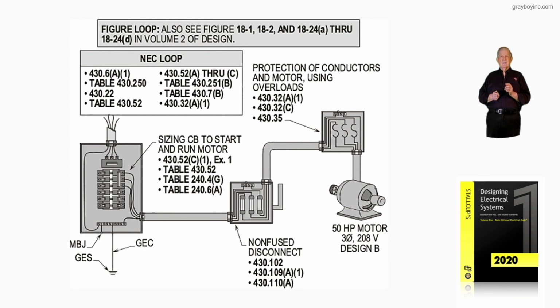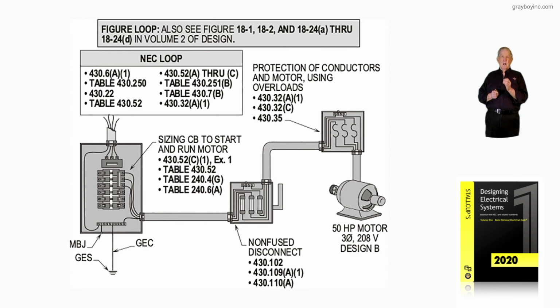430.110A basically deals when the disconnect breaks the running current and the lock rotor current. And this kind of gives you a good set of section numbers to review to understand just exactly why this section will allow you to size that overcurrent device greater than the ampacity of the conductors or the motor load served.